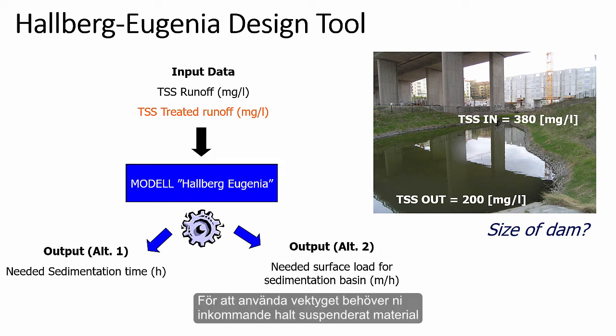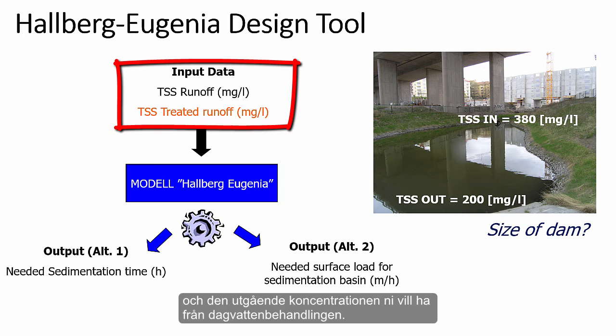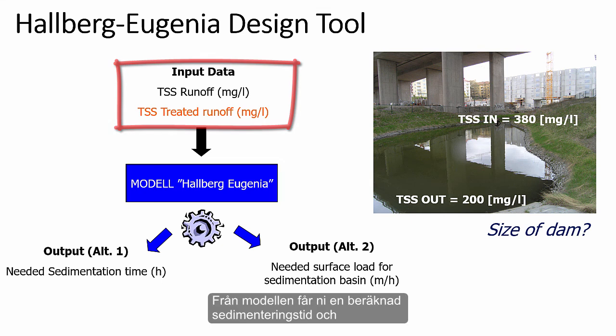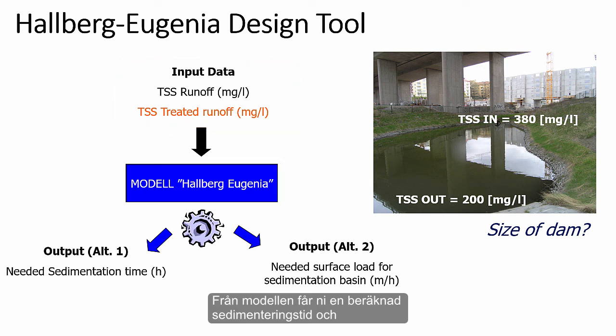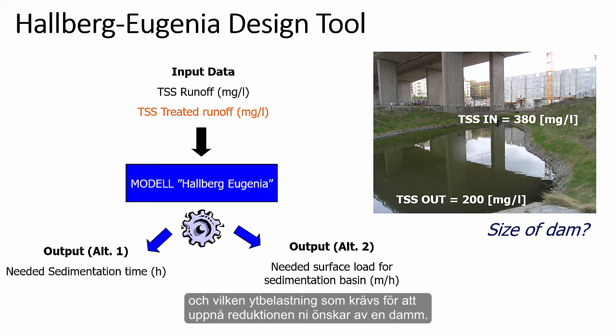If you use this design tool, what you need is the input data of the runoff concentration of suspended solids and the suspended solids concentration you want after treatment. With this input, you can get the needed sedimentation time and you can get a surface load for the pond or tank you're going to use for the treatment.